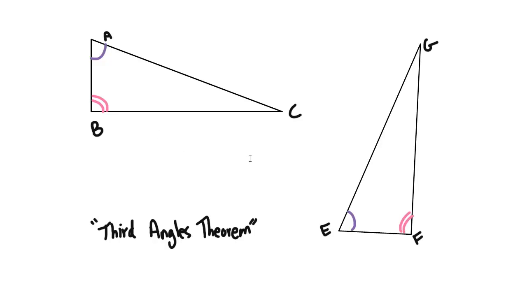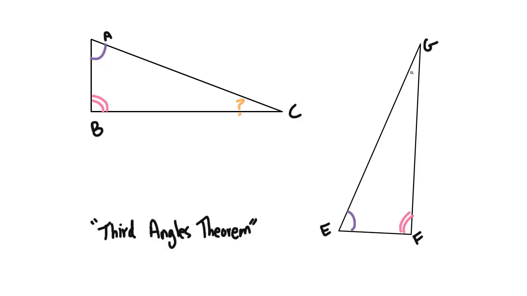Alright, let's take a look at this scenario here. We have two triangles, triangle ABC and triangle EFG. Now, if you know that two of the angles of this triangle ABC are congruent to these two angles of this triangle, then you can say something about the third angle.